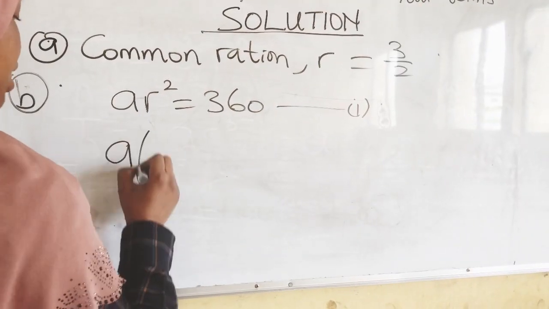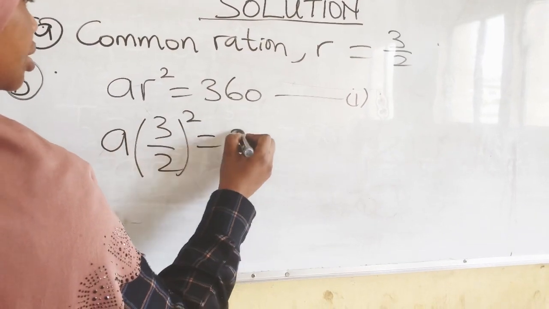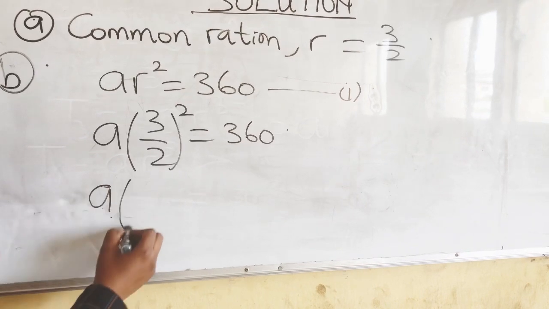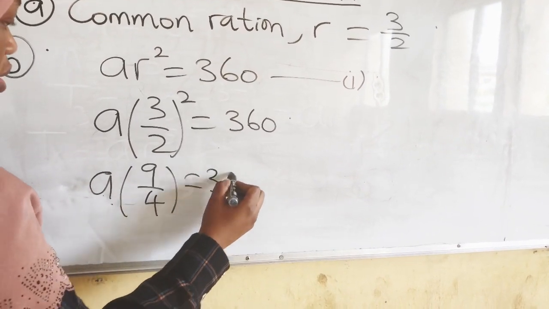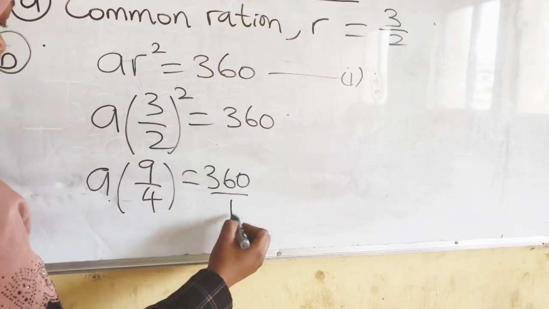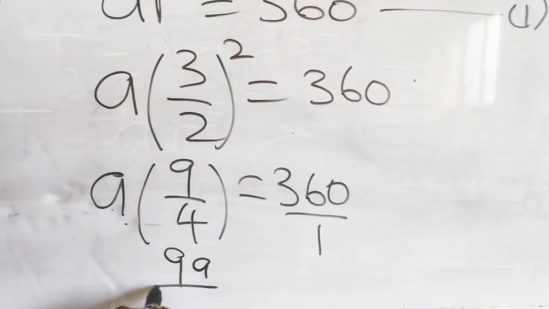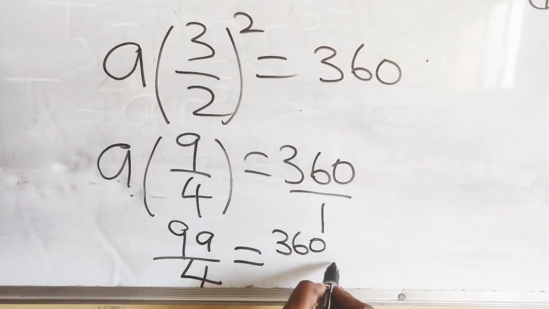So A multiplied by (3 over 2) squared is equal to 360. So A multiplied by 9 over 4 is equal to 360 over 1. So this is the same thing as 9A over 4 is equal to 360 divided by 1.